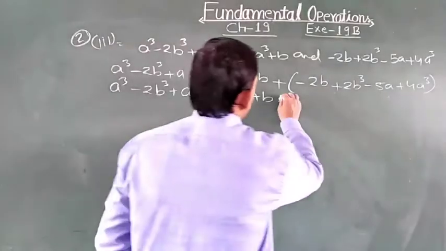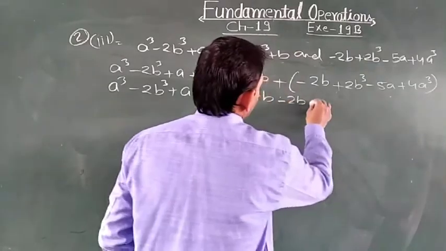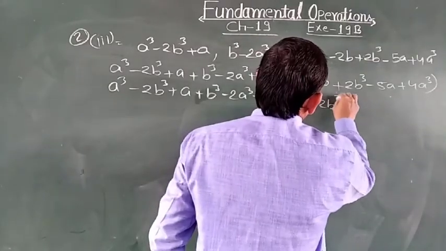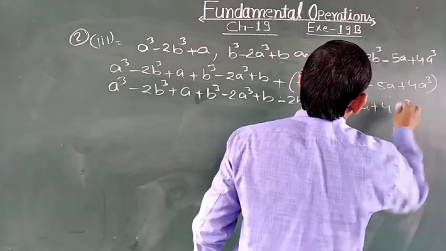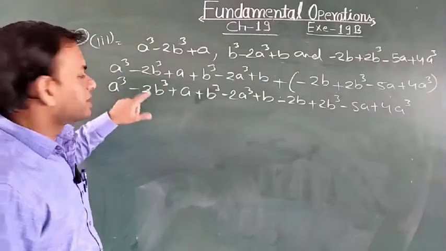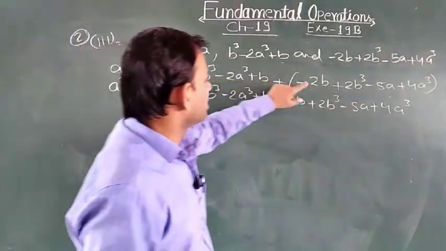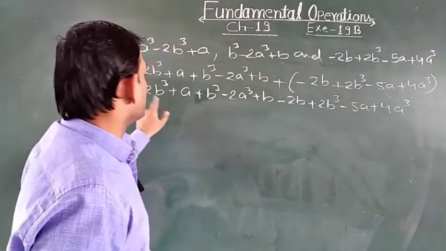Okay, so plus b minus 2b plus 2b cube minus 5a plus 4a cube. You can see here all terms are there, 1, 2, 3, 4, 5, 6, 7, 8, 9, 10, and again 10.